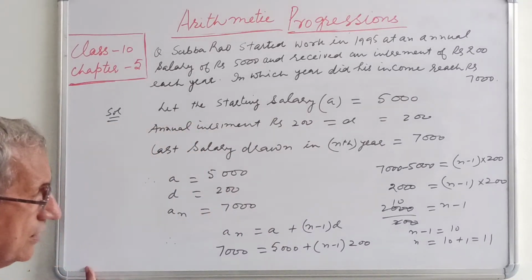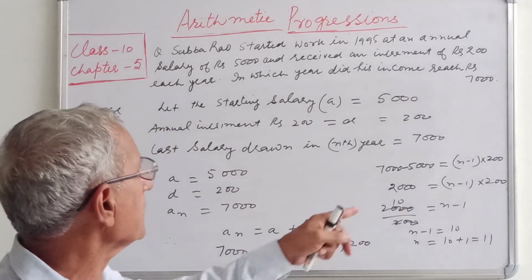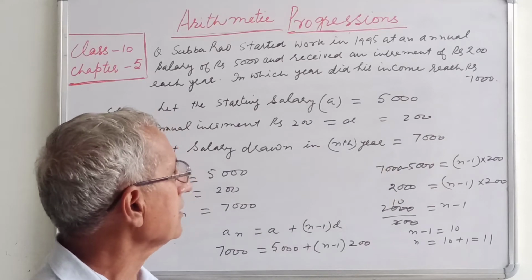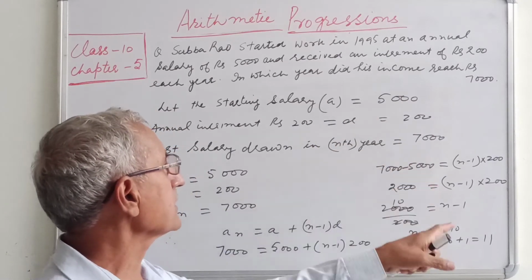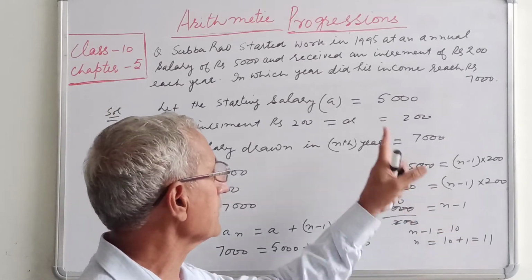It means he is getting rupees 7,000 starting from 5,000 in 1995. So 7,000 is reached after the 11th year from the start.